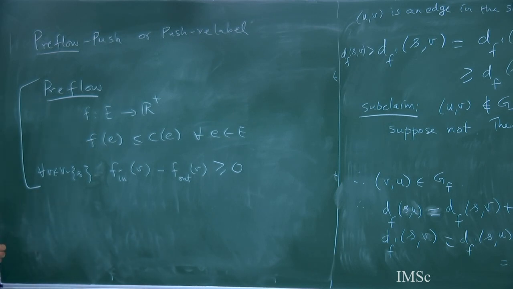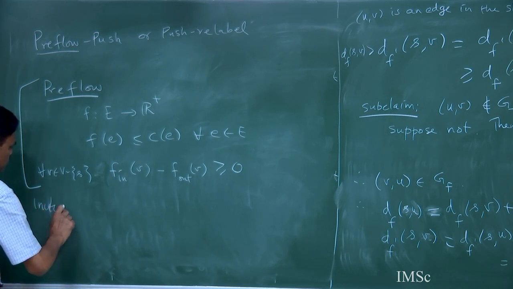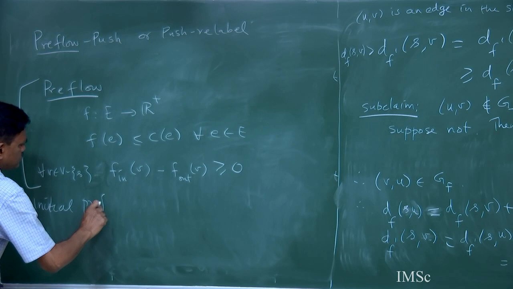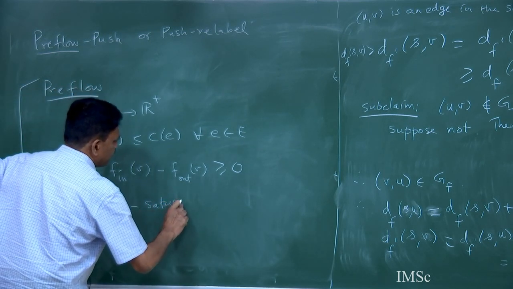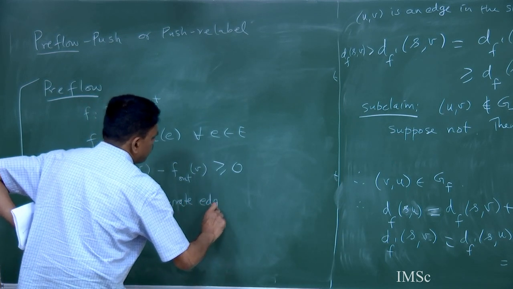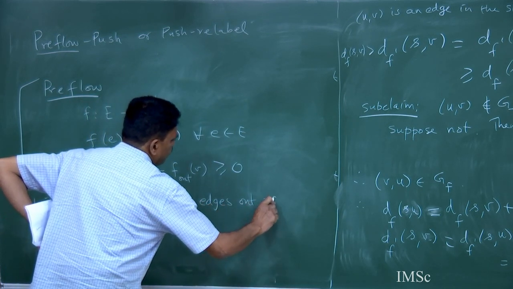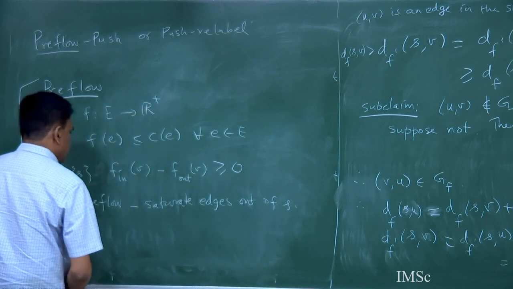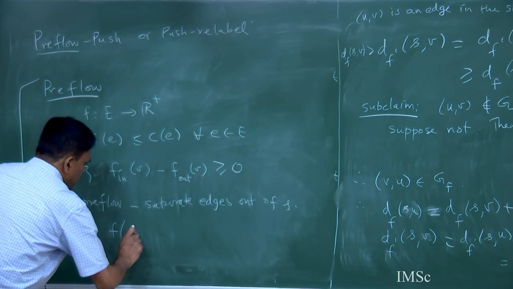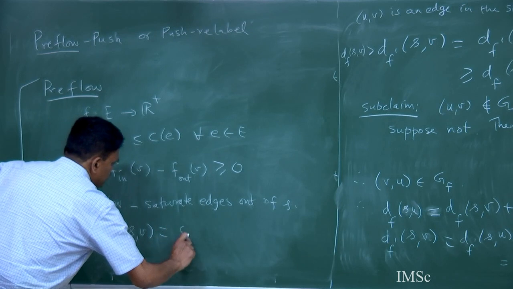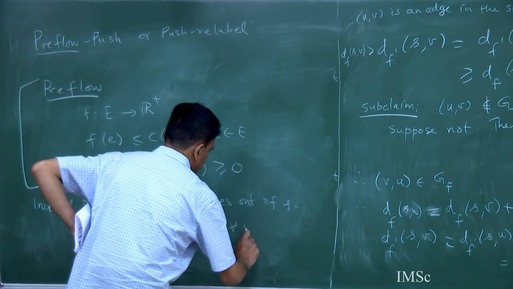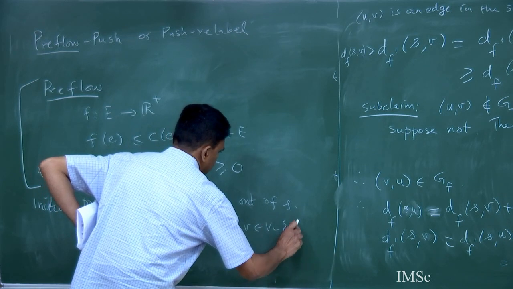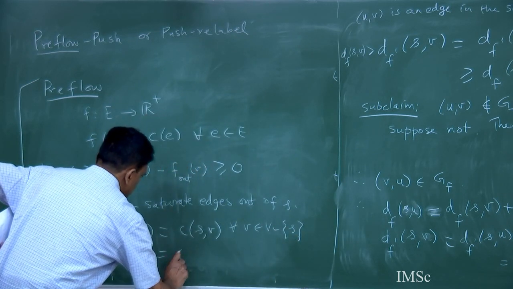Here the starting pre-flow, or initial pre-flow, is essentially to saturate edges out of S. That is f(SV) equal to the capacity, and 0 for all other edges.